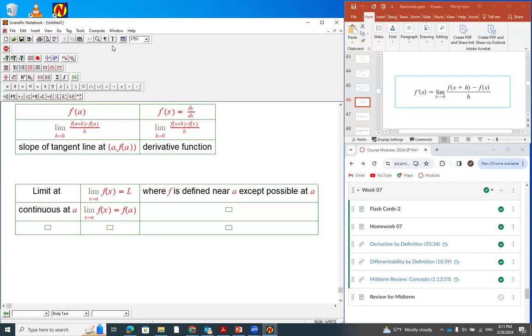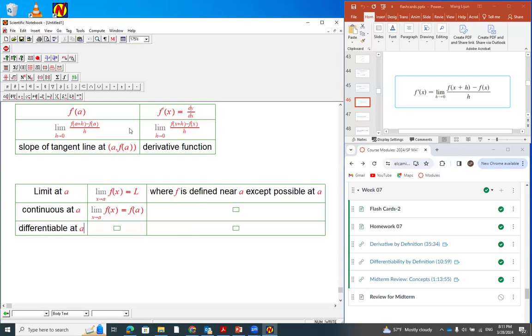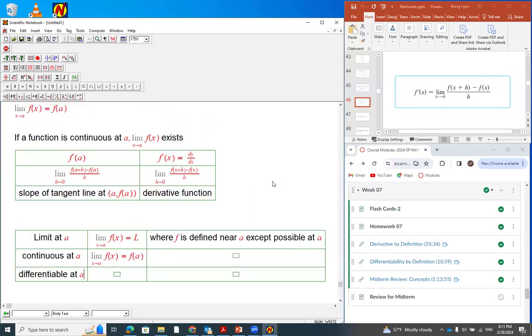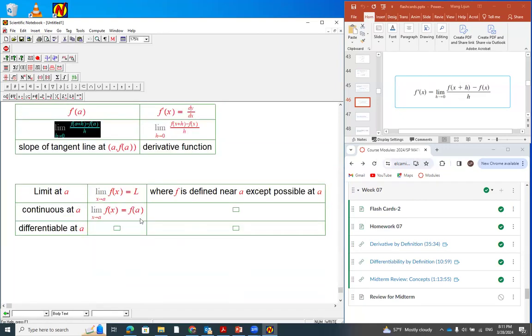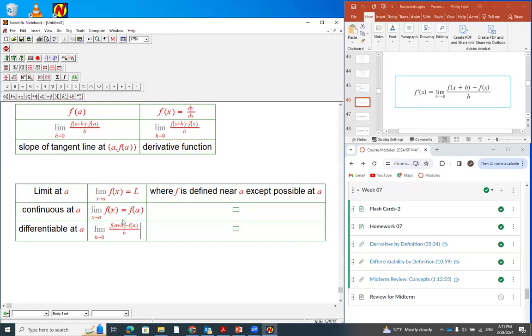Differentiable at a. Differentiable at a, of course, that limit exists, right? So all of these exist. Now, which one is stronger?